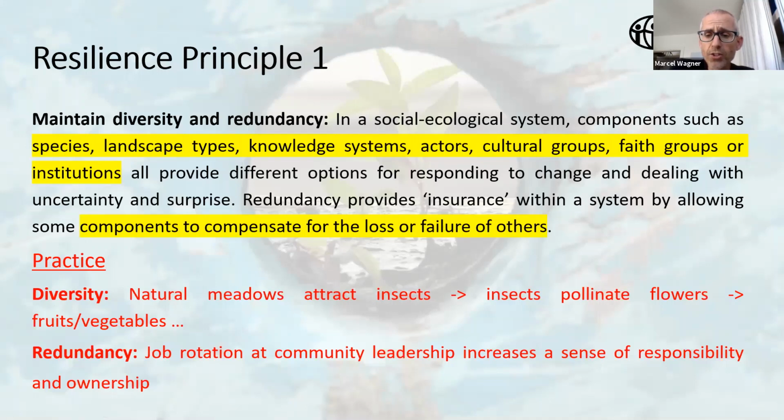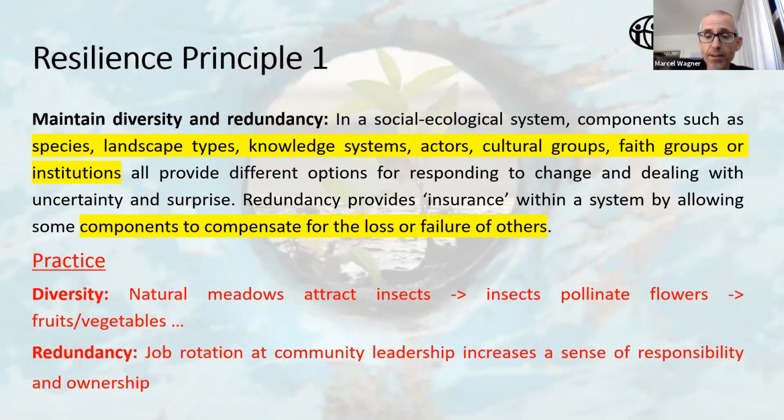Redundancy provides insurance within a system by allowing some components to compensate for the loss or failure of others. The practical thing on this is diversity, of course. Natural meadows attract insects.